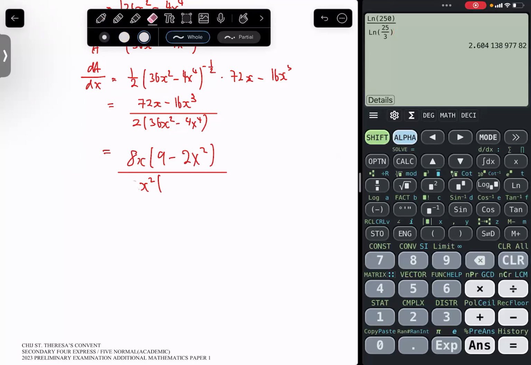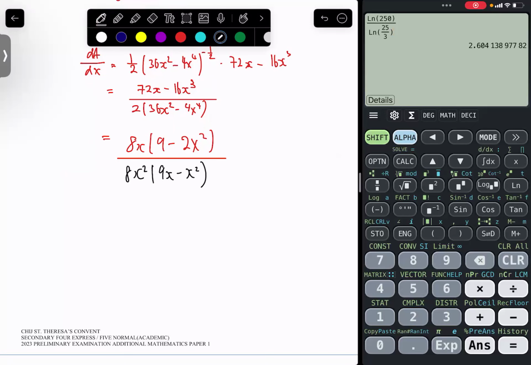I can factorize out 8x squared, 9 minus x squared. So 8x and 8 and 8 cancel, x and x squared cancel.